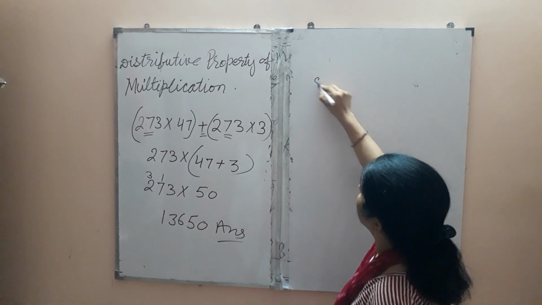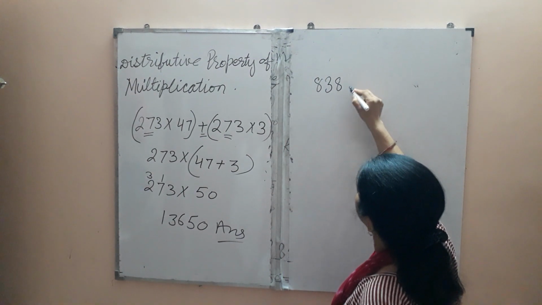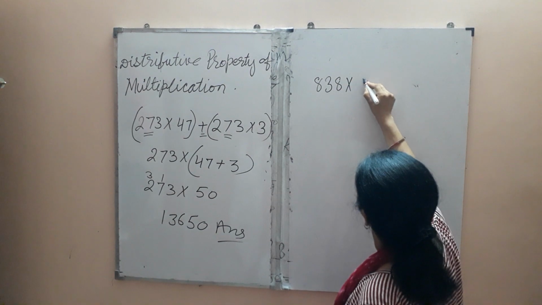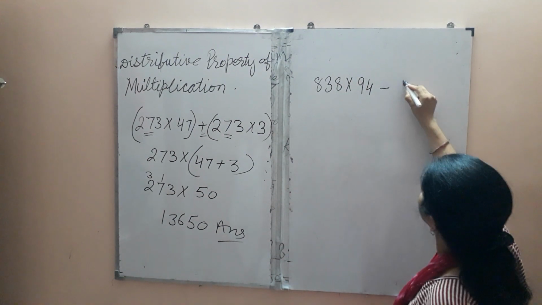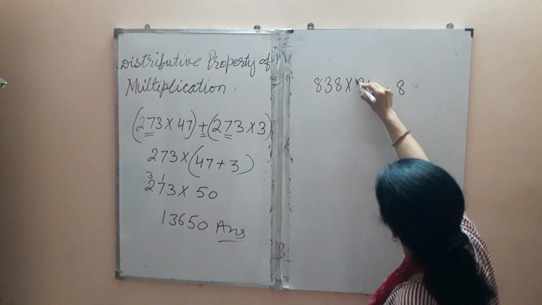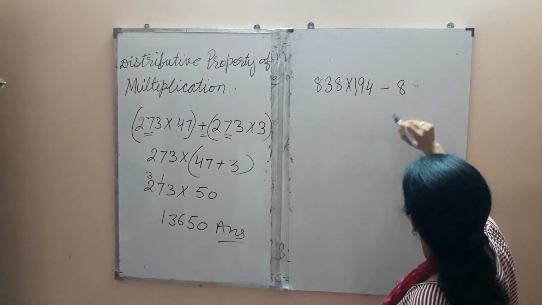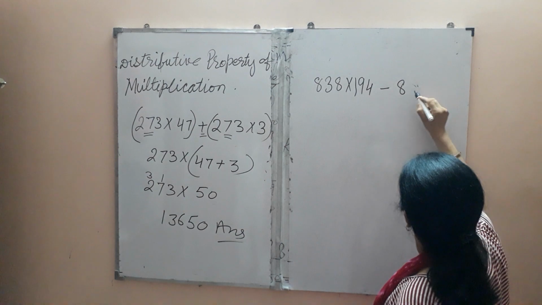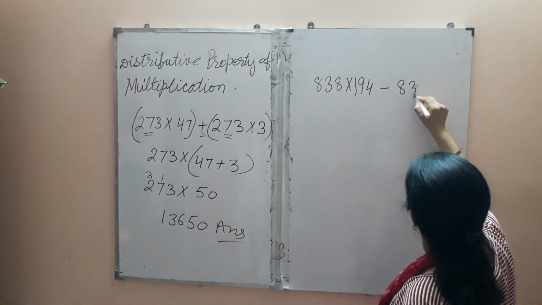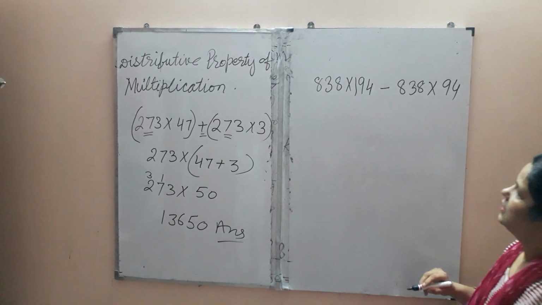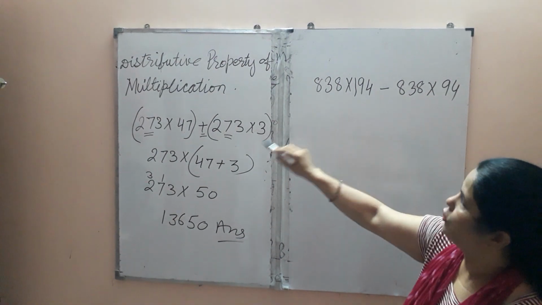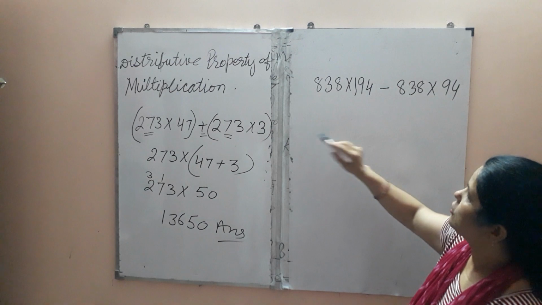For example, 838 multiplied by 194 minus 838 multiplied by 94. So in this also, as I have told you, the groups are separated by plus or minus sign.